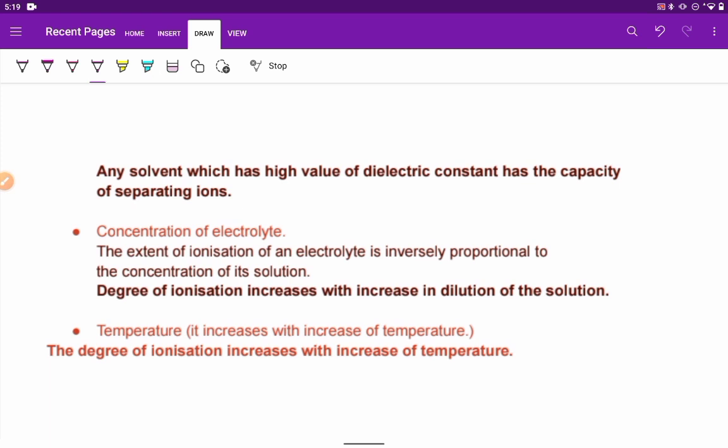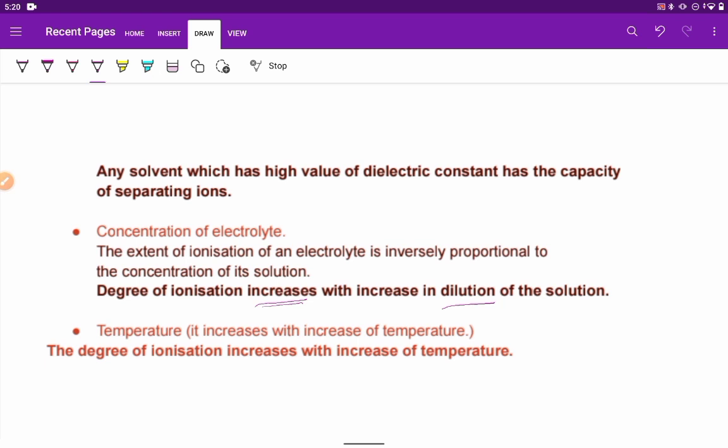So degree of ionization increases with the increase in dilution of the solution, that is, with decreasing concentration of the solution.